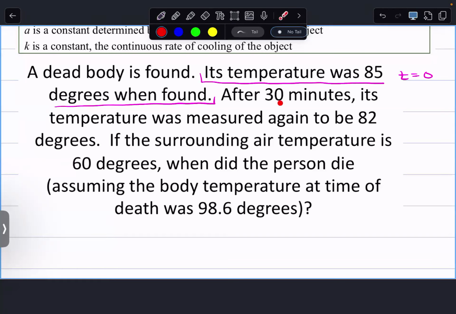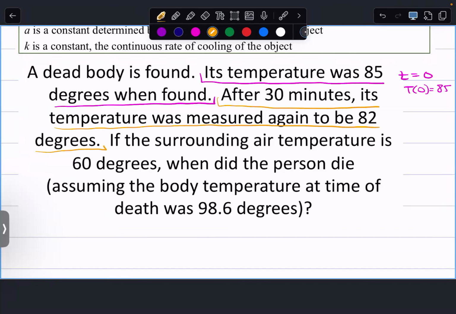After 30 minutes, its temperature was measured again to be 82 degrees. So here, T of 0 is 85. And T of 30.